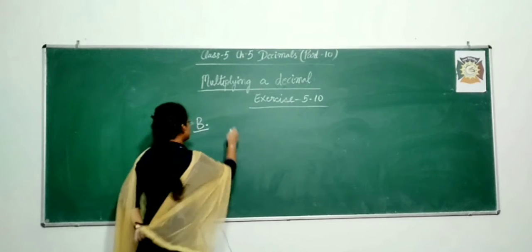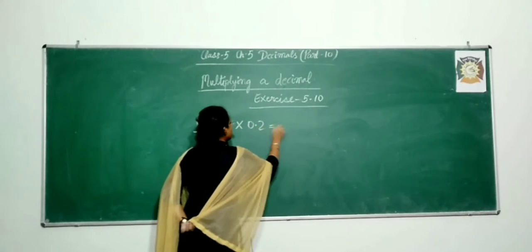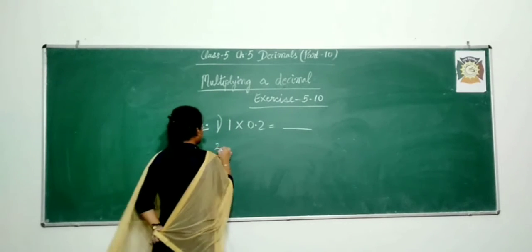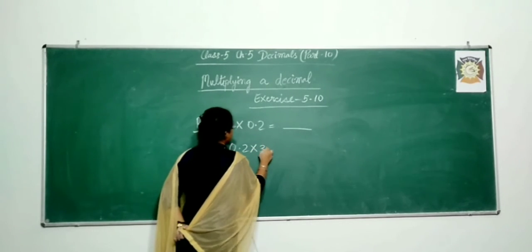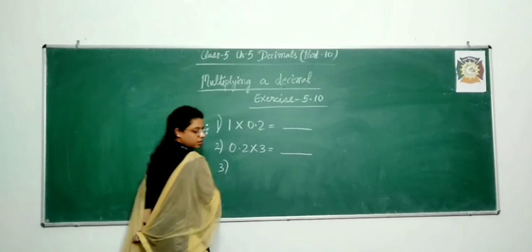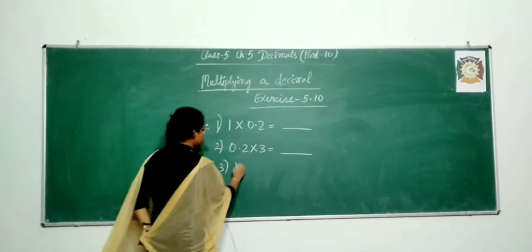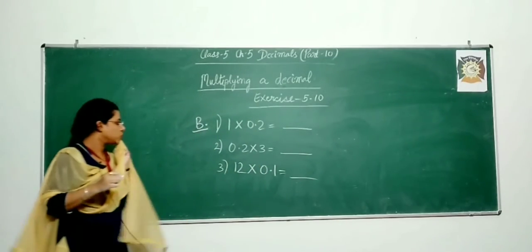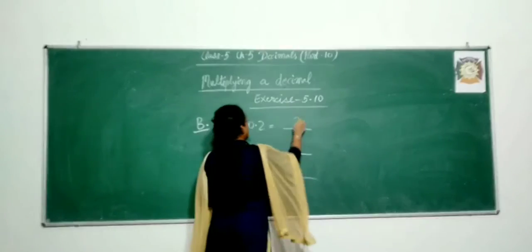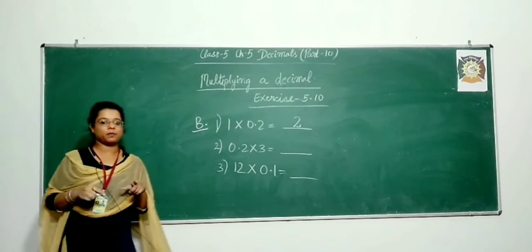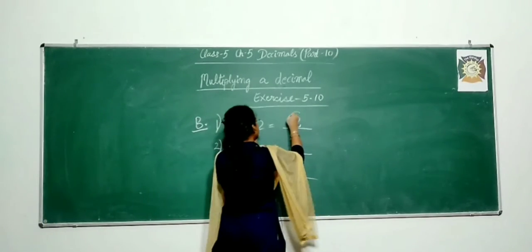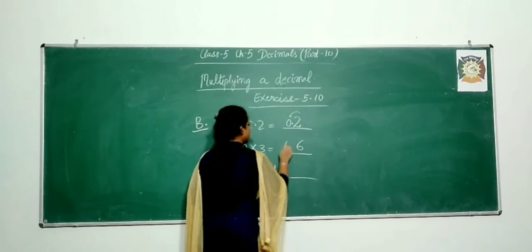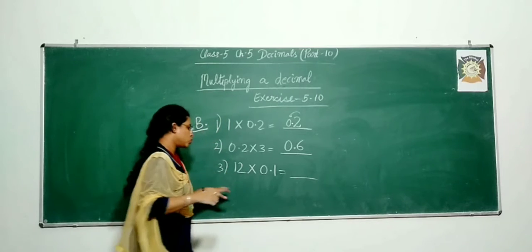1 into 0.2 equal to dash, 0.2 into 3, you have to tell, and 12 into 0.1. I am going to solve these 3 parts. 1 into 0.2. 1 into 2 is 2, and you will make a 1 decimal place number, so it will become 0.2. 2 3s are 6, and it will become 0.6. 12 1s are 12.